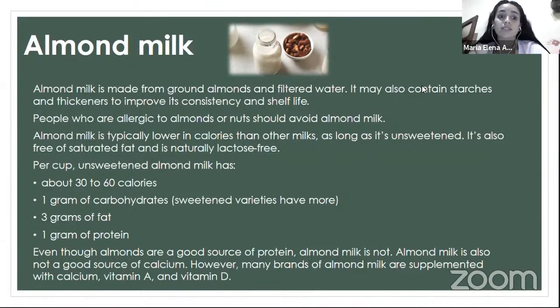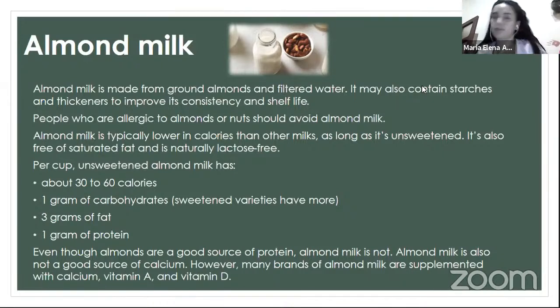Almond milk is typically lower in calories than other milk, as long as it's unsweetened. It's also free of saturated fat and is naturally lactose free. But even though almonds are a good source of protein, almond milk is not. Almond milk is also not a good source of calcium.